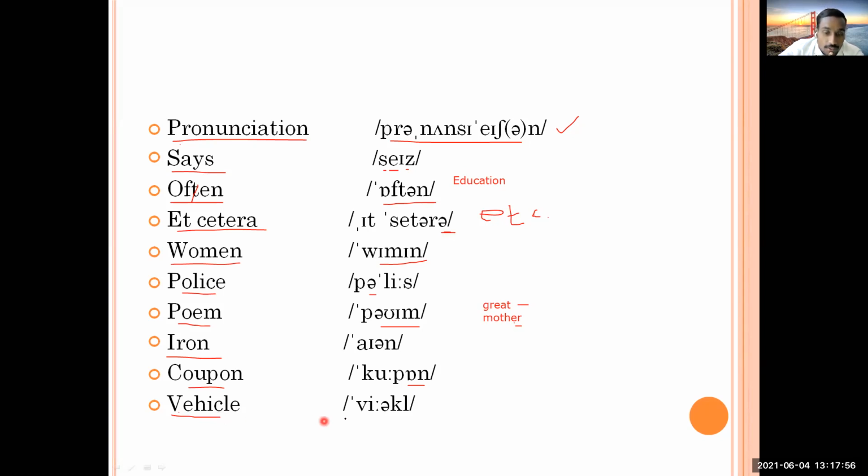Okay, it's vehicle. It's long E. This is long E. It is vehicle. You should not call it vehicle. I hope that you will understand, and you people will check it. You people have to improve it. You people have to always refer to the dictionaries.